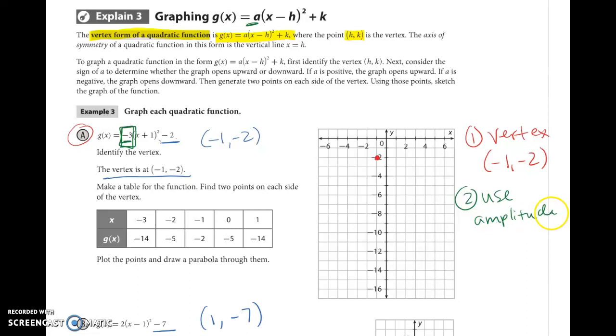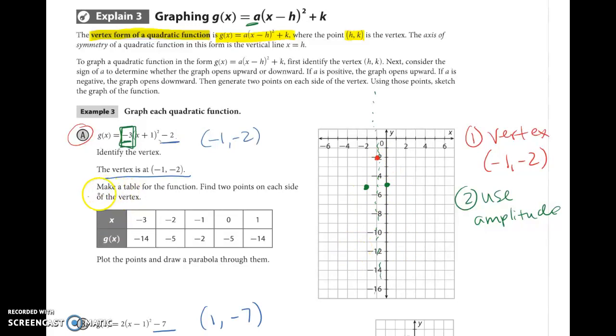And what we're going to do is use our amplitude to find another point here. So I'm going to go as if this was slope, and I'm going to go down 3 and over 1. And remember that this is symmetrical, and your axis of symmetry always goes through your vertex. So my symmetrical point is going to be here. So if you already see, we have this sketch of what my U is going to look like.